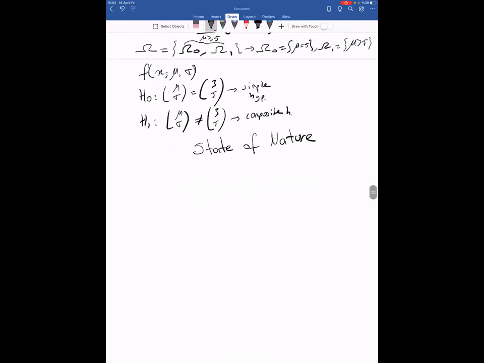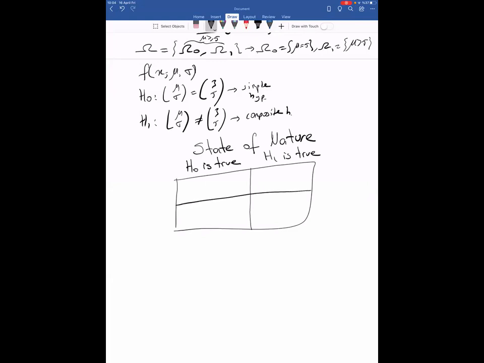So in reality, we can have a true null hypothesis, where the value of the parameter is true as stated in the null hypothesis, or false. So H1 can be true. In reality, it can be like that. But when we have a sample, based on our sample information, we might get different results.